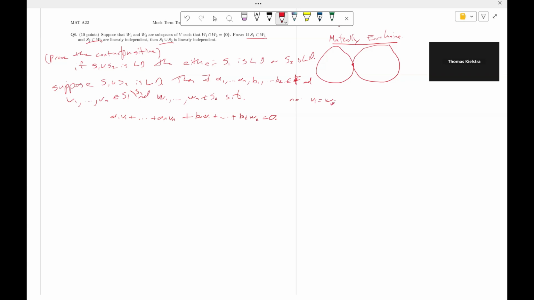That's an important idea here. No vi equals wj. But this implies that A1 v1 plus ... plus An vn equals minus B1 w1 minus ... minus Bk wk.